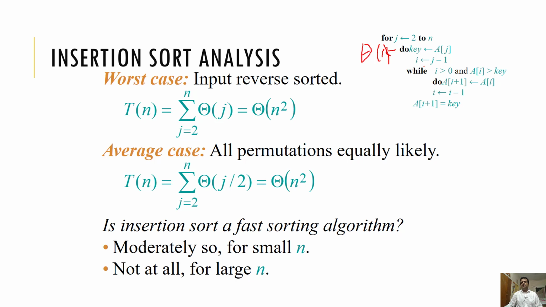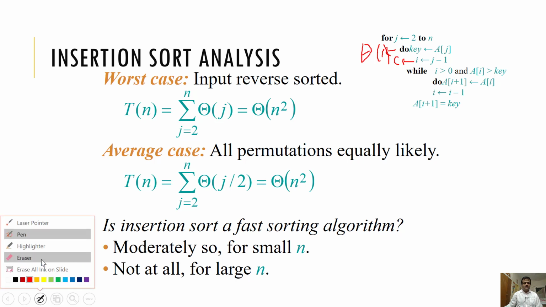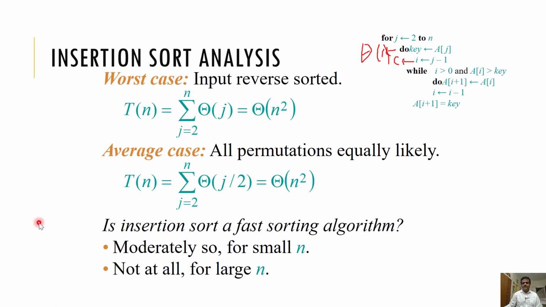This is also theta of 1, some constant time, and then we have a while loop over here. In the worst case, the array is reverse sorted. For reverse sorted elements, each key has to come to the beginning. So, the size of this loop will be order of j.